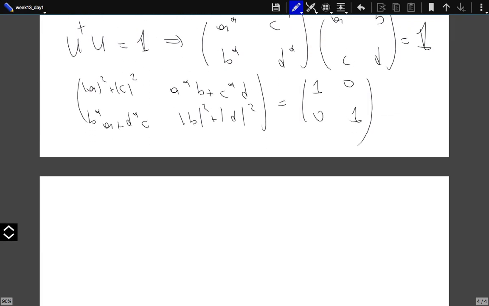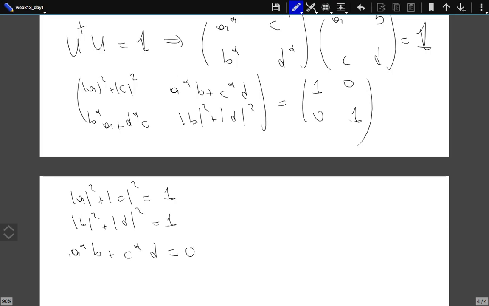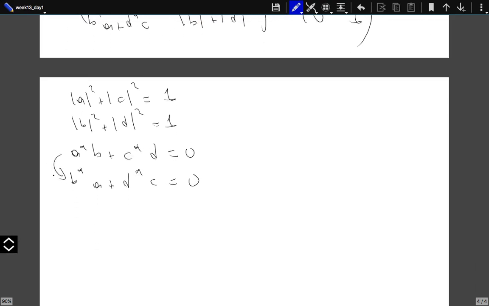So we had these four complex numbers. Now we have four complex equations that these four complex numbers should satisfy. |A|² plus |C|² should be 1. |B|² plus |D|² should be 1. A star B plus C star D should be equal to 0. And this equation over here, B star A plus D star C should also be equal to 0, but this equation is the same as the previous one, just the complex conjugate.